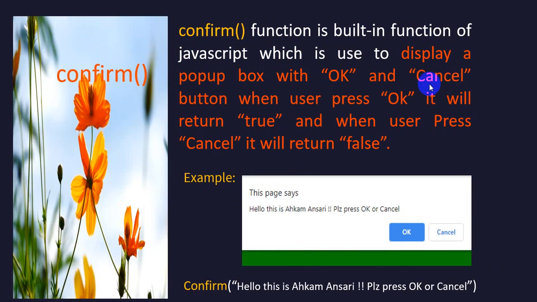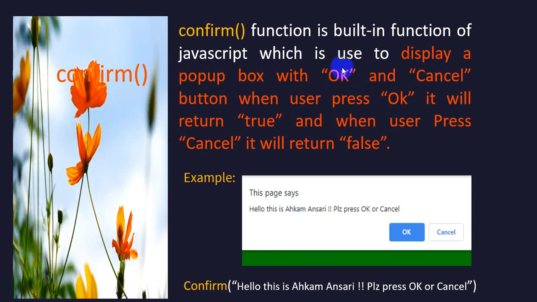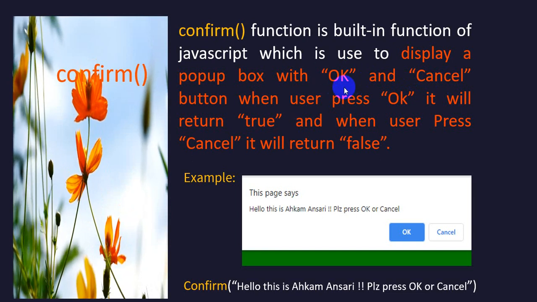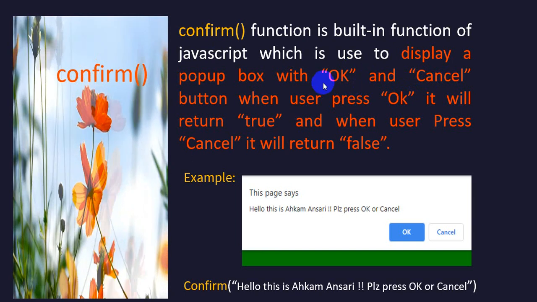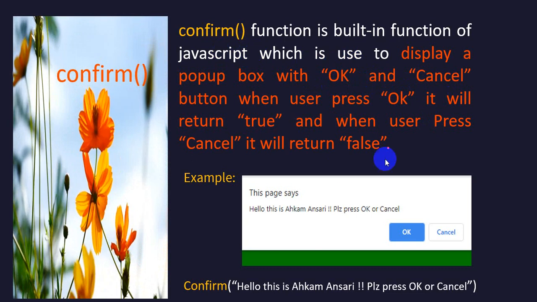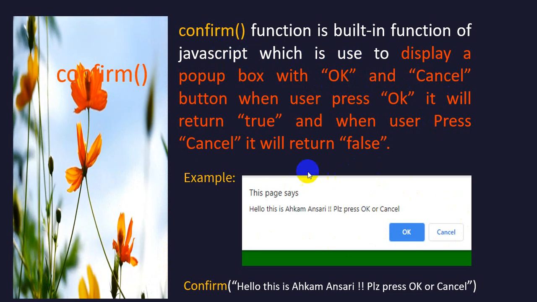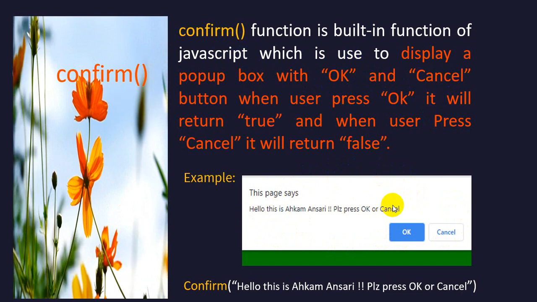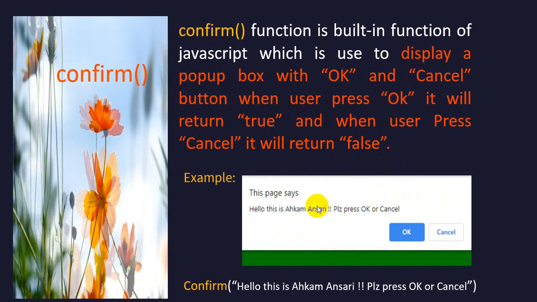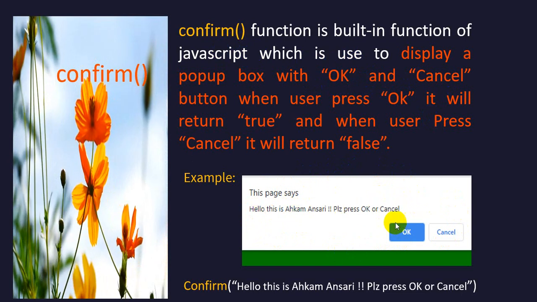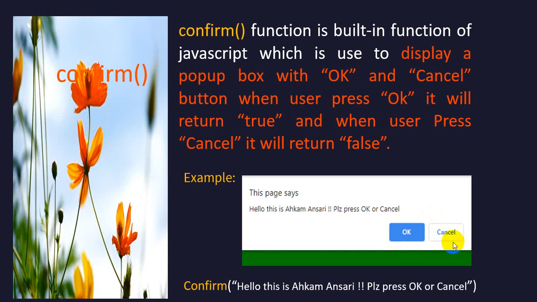The only difference is that inside the alert function there is only one button, OK, but inside the confirm box we have OK as well as cancel. See, this is an example of the confirm function. Inside that you will get one message, similar to our alert box, and you will get two buttons: one is the OK button and one is the cancel button.